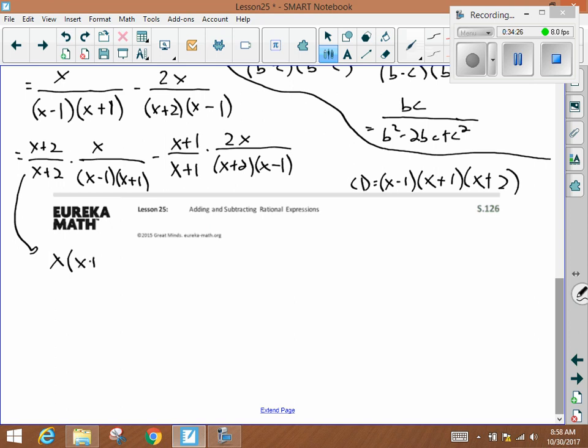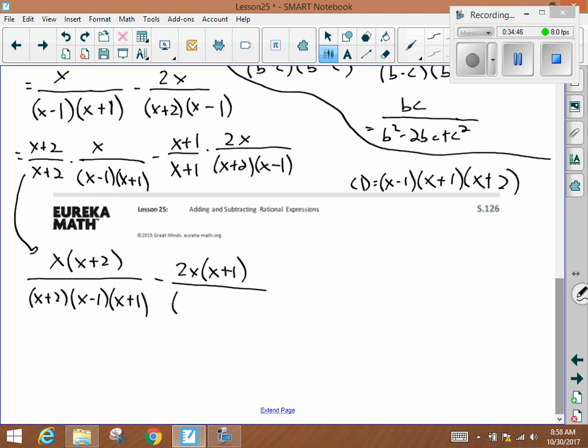I'm going to leave it, I'm not going to distribute it right now. So x plus 2, x minus 1, x plus 1 minus 2x times x plus 1 over x plus 2, x minus 1, x plus 1. There we go. We'll put them all together.